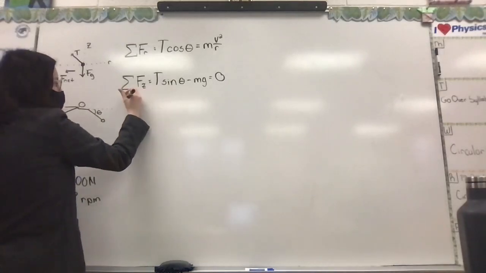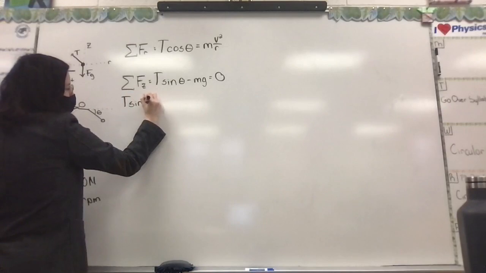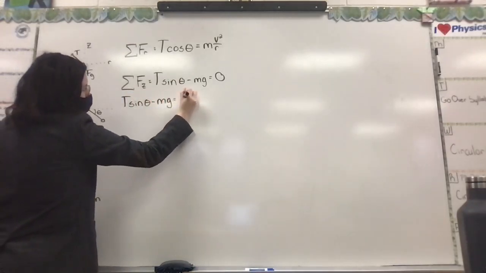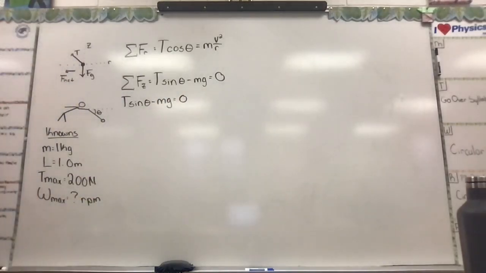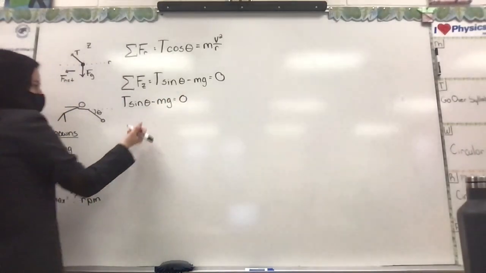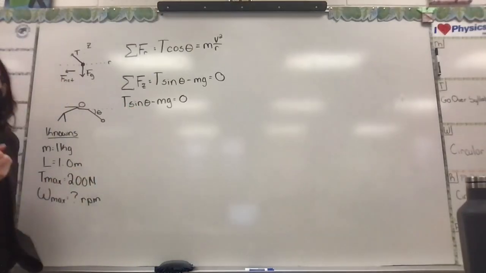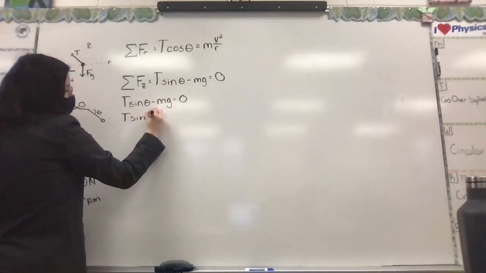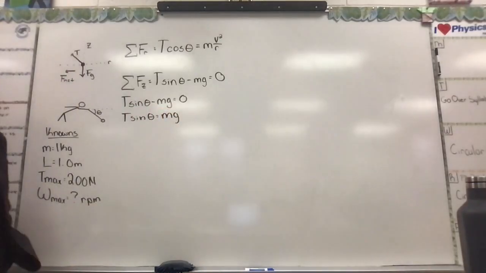So if we take this and we say T sine theta minus mg equals 0, what do we need to do to solve for theta? It's going to be inverse sine of mg divided by T. Does everybody agree with that? Do you want me to show you how we got there? Yeah, let's show how we got there. So T sine theta equals mg. So we added mg to both sides, okay?